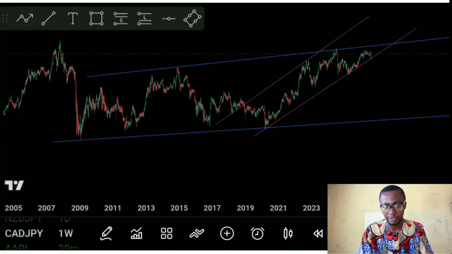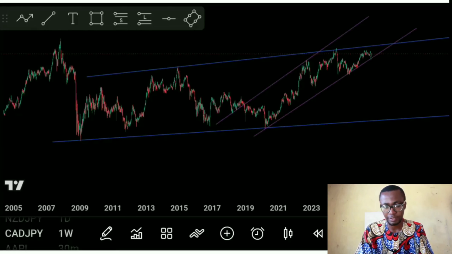This 1 week is an uptrend facing up. Let me make it a blue color. That is for the 1 week facing up.